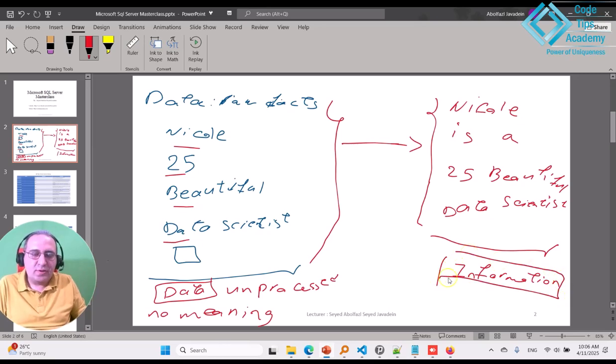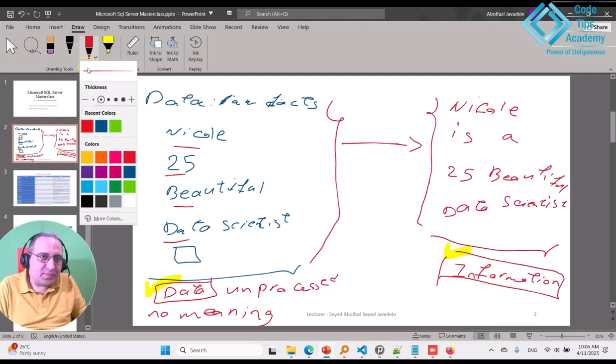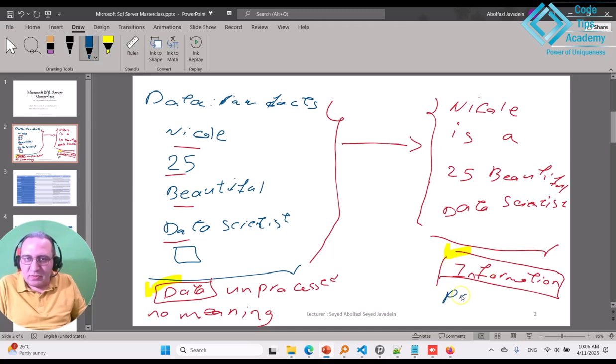Now we define two concepts, data and information. This is the data and this is the information. But this information is the processed data, and this information has meaning.